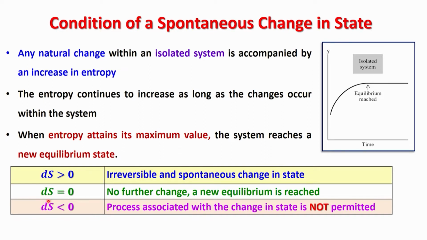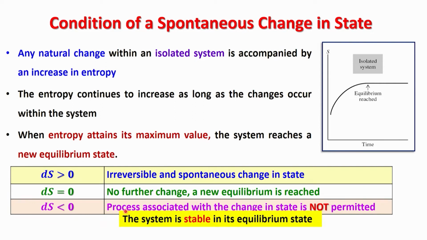So, if you have a system in a given equilibrium state and you are trying to induce a change in state that is associated with a decrease in entropy, then you understand that this change in state will not take place spontaneously. And therefore, I would immediately say that this system, under whatever external influence you are having on it to induce the change in state, does not care.